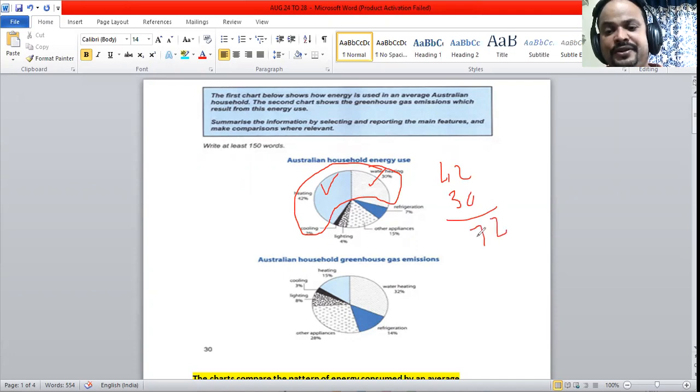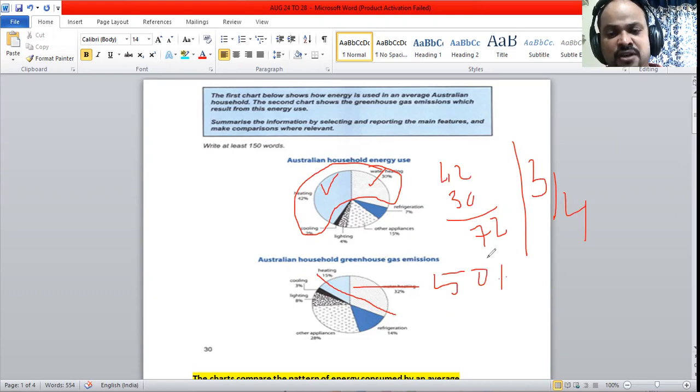So it's around 72%, nearly 3/4. When it comes to the gas emission, it goes nearly 50%. It is not even 50%. It is just around 47% there. Exactly 47%.